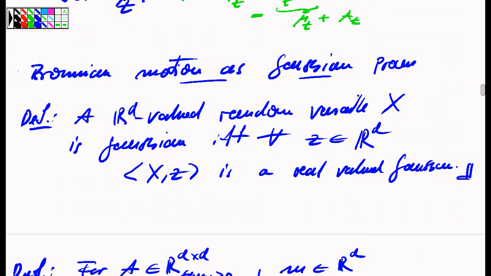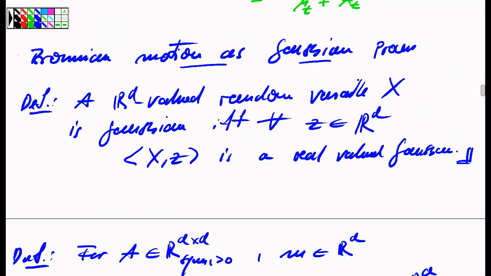And even for that, we need to understand a little more what we mean by a Gaussian random variable which assumes values in a Euclidean space of dimension d. Therefore, I have the following definition. A random variable X which assumes values in d-dimensional space, which you can always think of as a random number generator, but it's not a random number which is generated, it's a random point in d-dimensional Euclidean space.